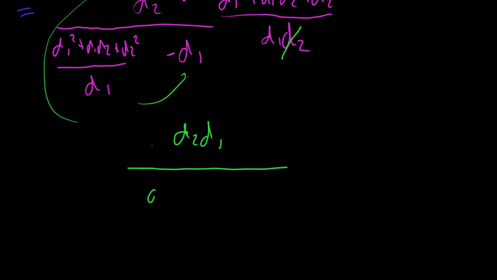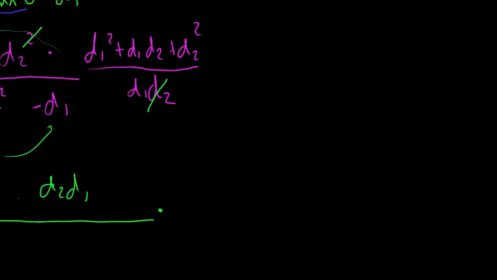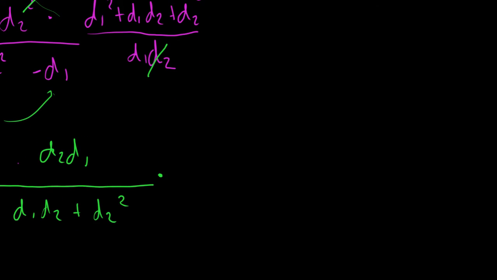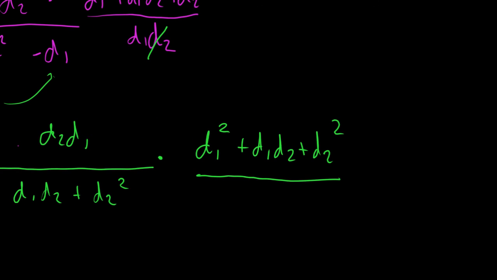So that's d1 d2 plus d2 squared. That's going to be multiplied by d1 squared plus d1 d2 plus d2 squared all over just d1.